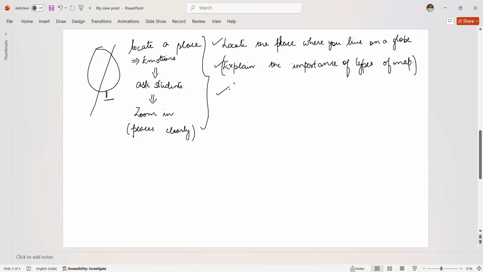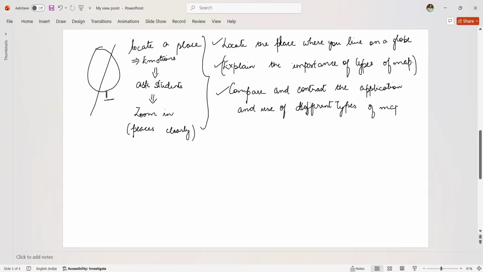I also want them to compare and contrast the application and use of different types of maps. Now, why am I doing this?